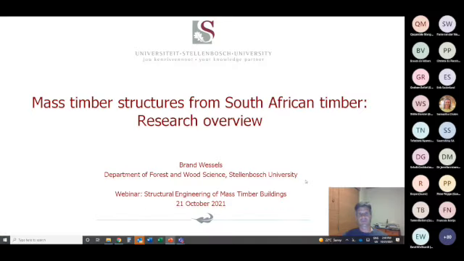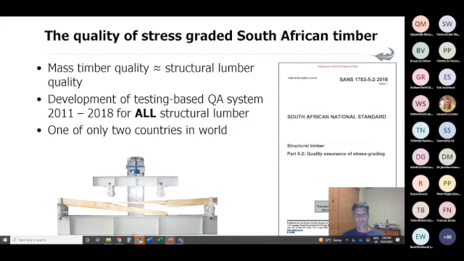Good afternoon. I just want to give you a quick overview of research done in South Africa to support building of mass timber structures as well as the manufacturing of mass timber components in South Africa. The first topic I want to discuss is the quality of structurally graded timber in South Africa.